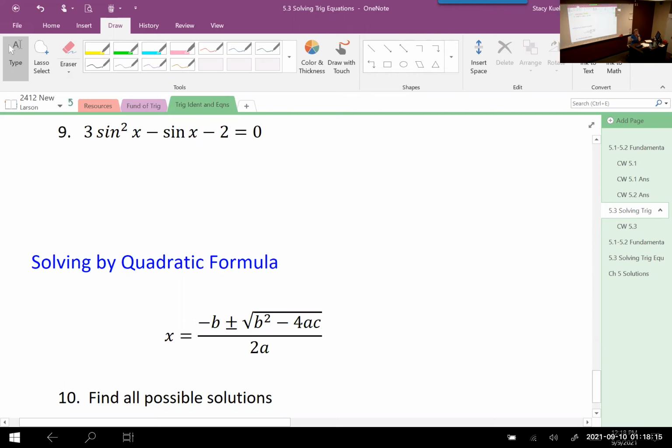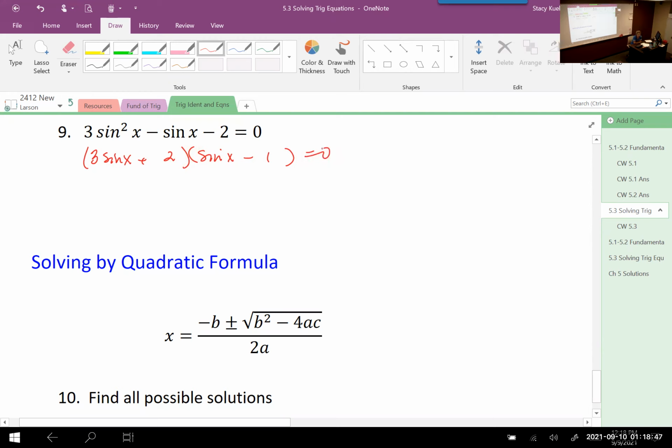Factoring is first choice, okay? These are both prime numbers. Let's try trial and error. So I would have 3 sine x plus something, sine x minus something, and I've got a 2 in the first and a 1 in the second, which gives me -3 sine x plus 2 sine x is a -1. So that's right.